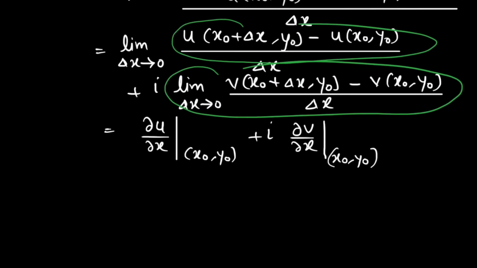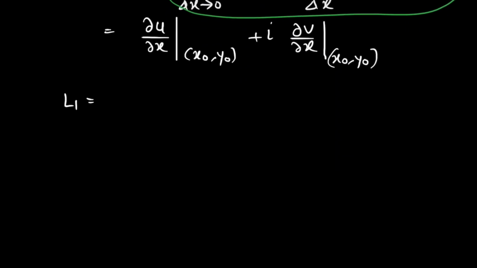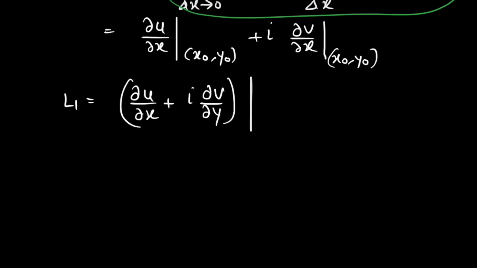Okay, so we have L1 equals del u over del x plus iota del v over del x at point z equals z naught.